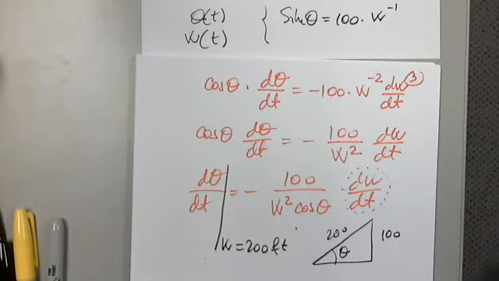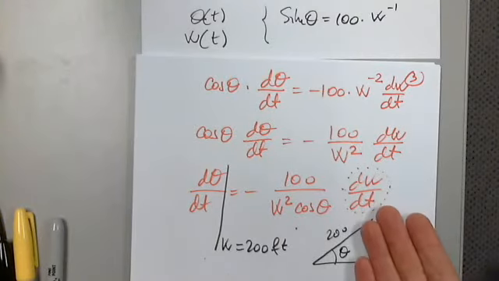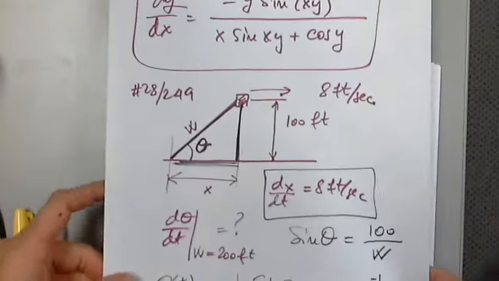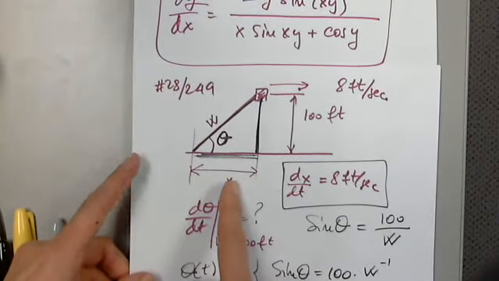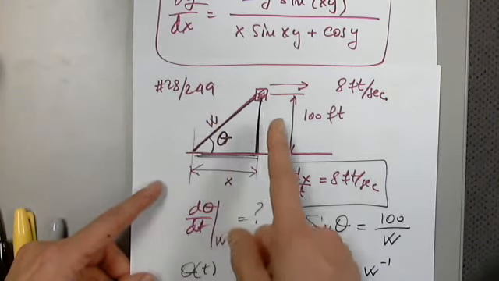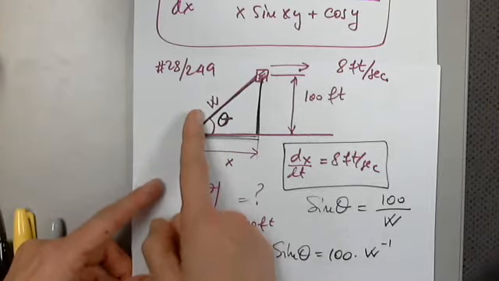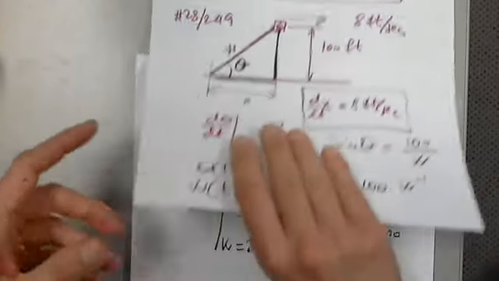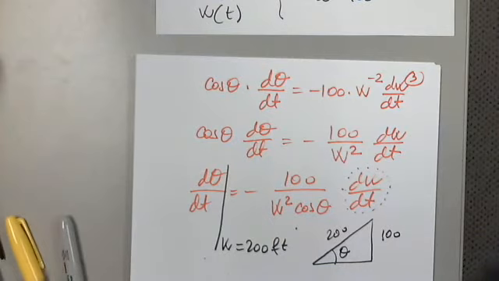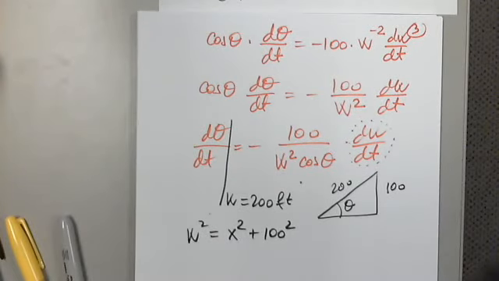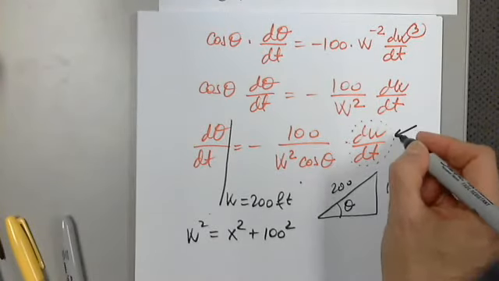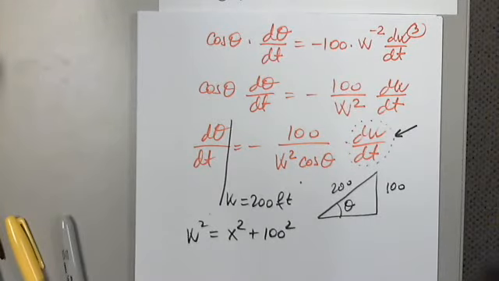So I have to come up with something that involves dx over dt. So now I'm going to connect w squared equals 100 squared plus x squared, because that's how I get dw over dt. I write the Pythagorean theorem as w squared equals x squared plus 100 squared. And from here, when I differentiate implicitly, I will be able to get an expression for this and get it done.